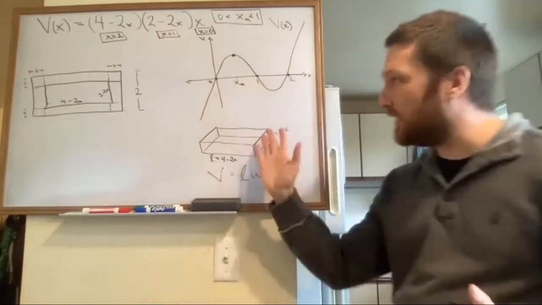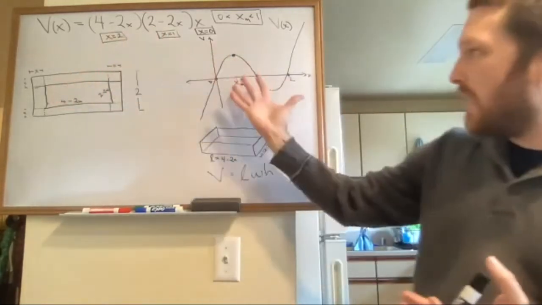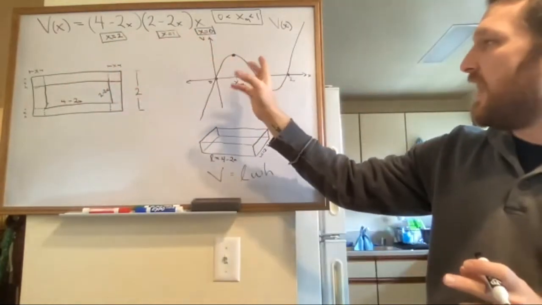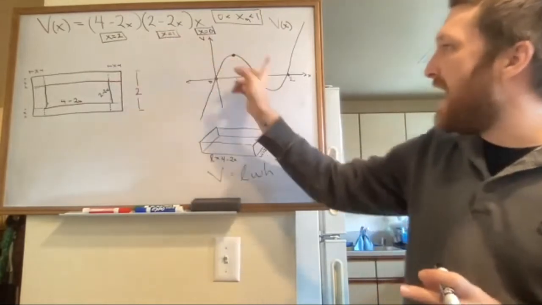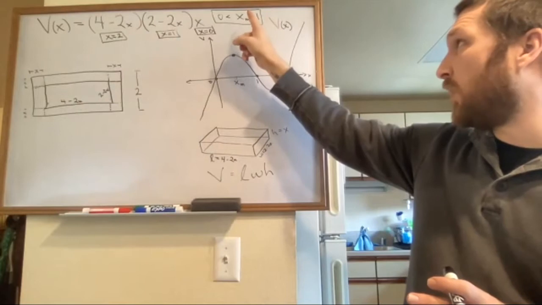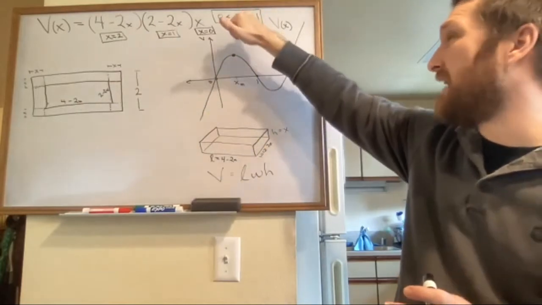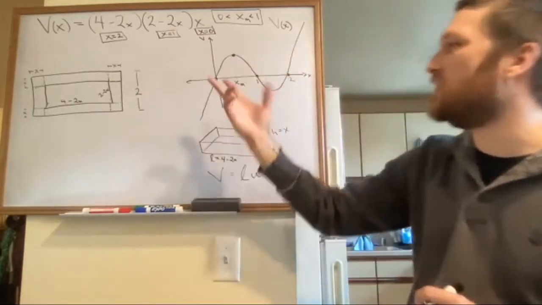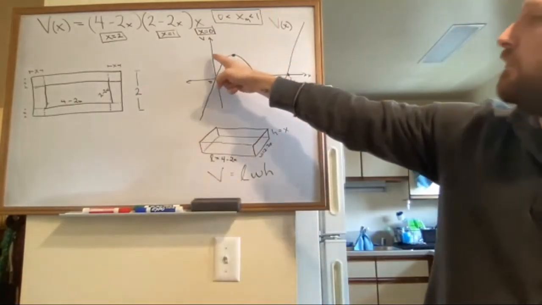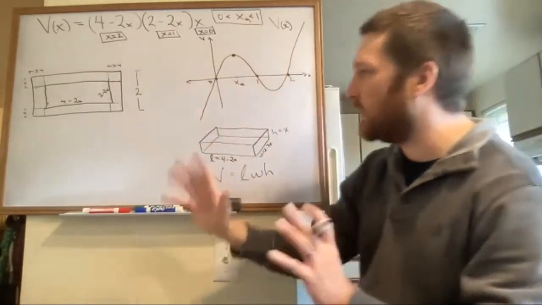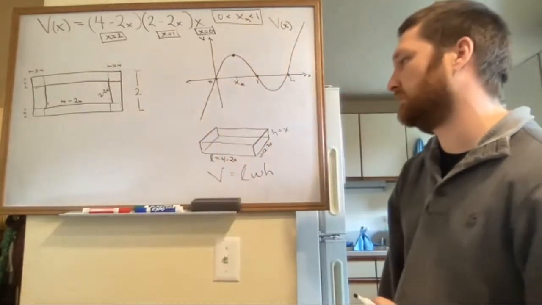What I'm asking for is, looking at the graph and looking at the problem, I could see that my max has to occur somewhere between 0 and 1. So the x for which we get a maximum volume has to be between 0 and 1. That's where I'm looking for my answer.